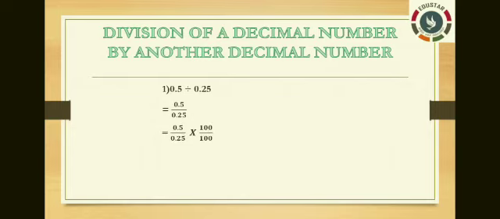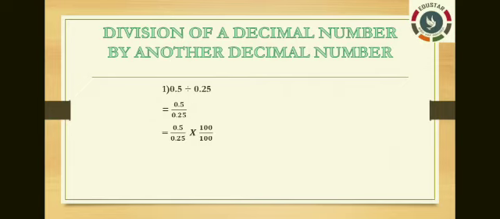Let us see. 0.5 divided by 0.25, multiply the numerator and the denominator by 100. Why are you multiplying by 100? Because the divisor is a decimal number and we can't divide directly, so step 1 is to remove the decimal point.